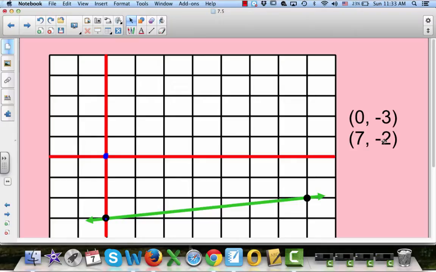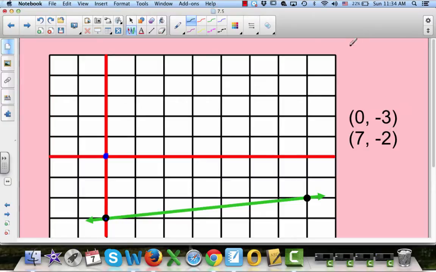Now let's find the slope of this line. Let's use black. This is going to be the first, the y minus the y here.